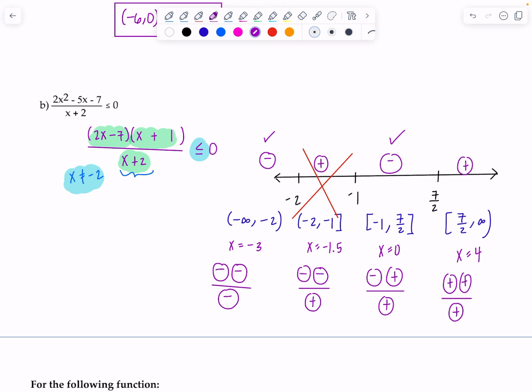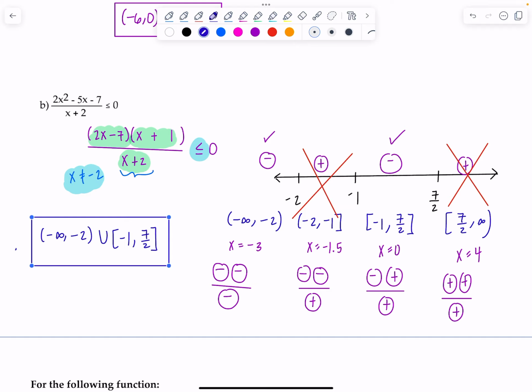Everything's positive. We don't want it. I mean, in general, it's good to be positive, but not for this problem. Okay, so the two intervals that worked were -infinity to -2, union -1 to 7/2. And that's it.